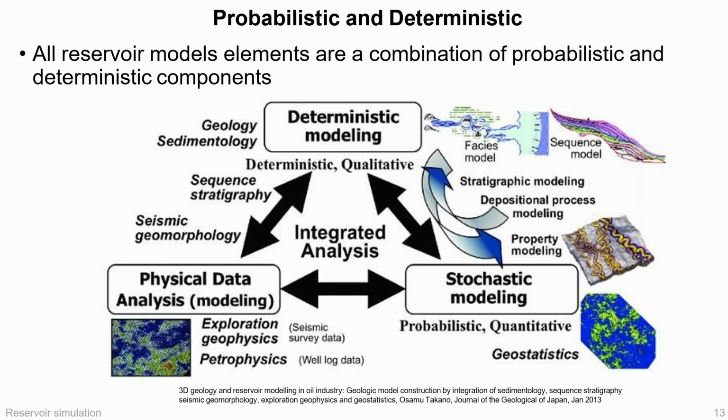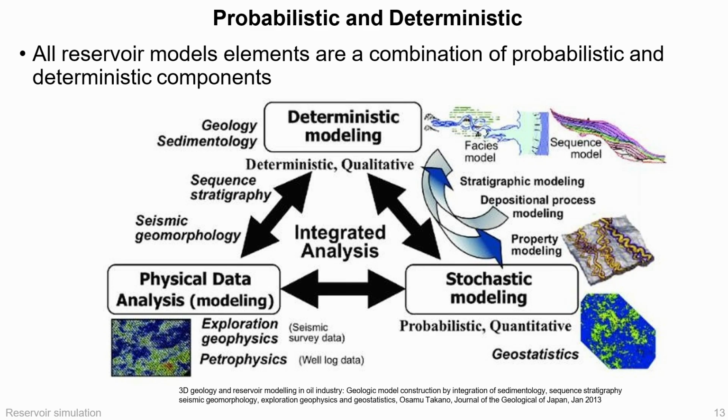Deterministic modeling gives us a structured framework based on known geology, such as stratigraphic surfaces or depositional interpretation. Stochastic or probabilistic modeling helps represent uncertain spatial properties such as porosity and permeability distributions.